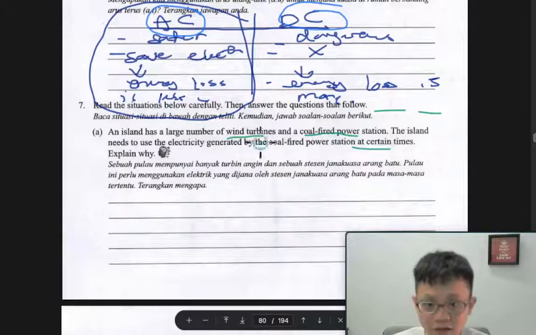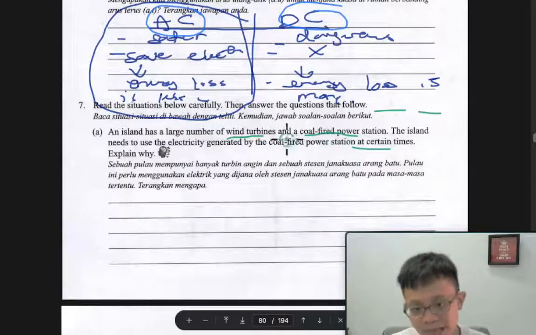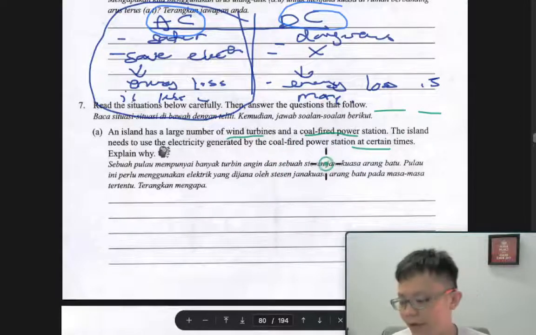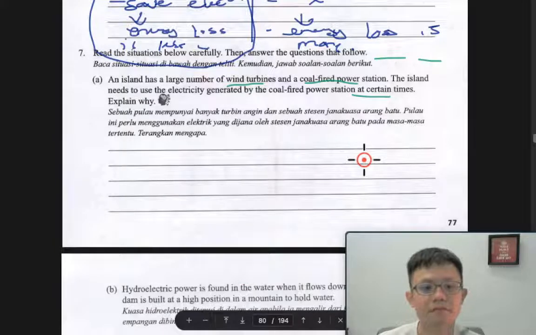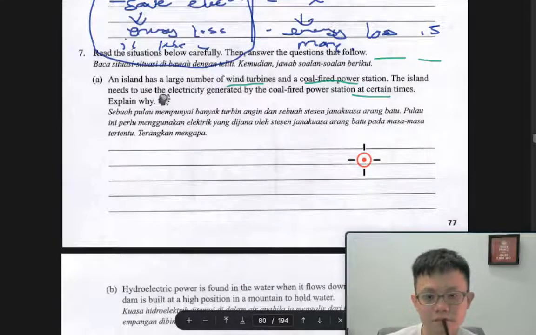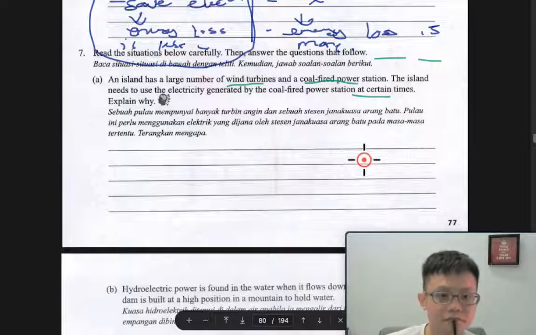It has wind and also coal. Sometimes it needs to use coal. Why? The turbines will not be used at certain times because there's not a full day of wind on the island. So when there's no wind, they use the coal-fired power station. Yes, very good.